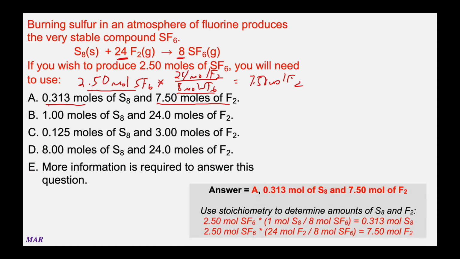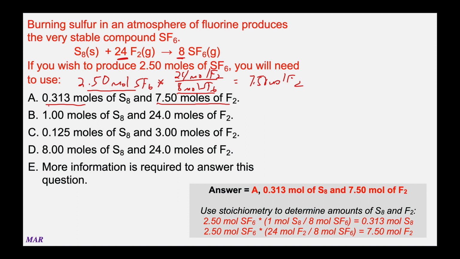And if you do this, it does come out to be answer A. So in this problem, you use those stoichiometric factors once again to find the desired amount. So in theory, if you put 0.313 moles of S8 with 7.50 moles of F2, you would end up with 2.50 moles of SF6. Kind of a powerful technique.